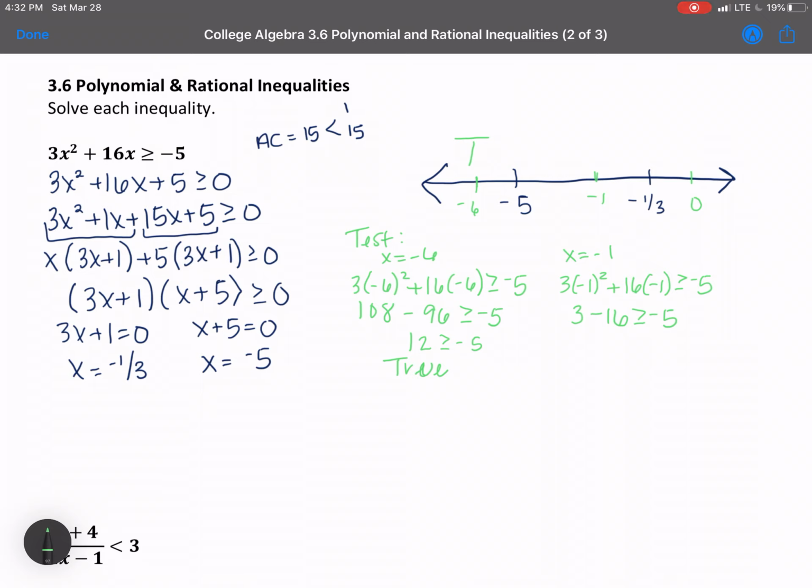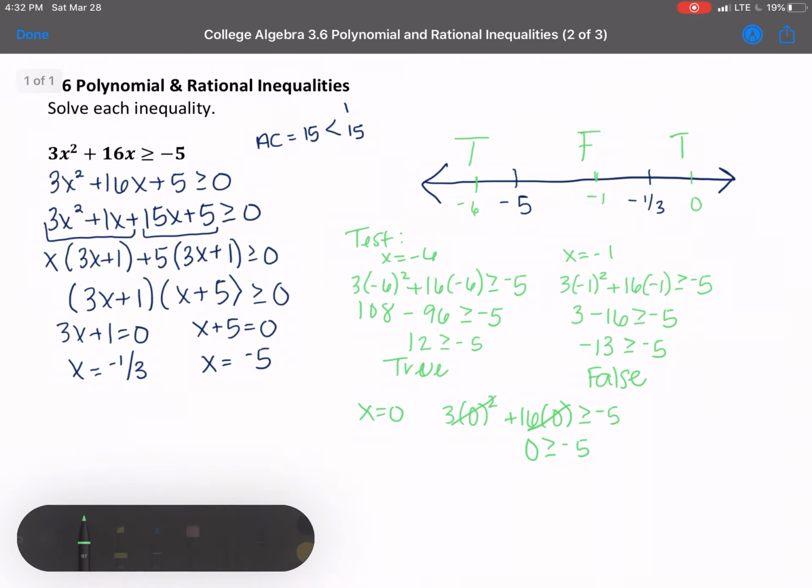And 3 minus 16 is -13, greater than or equal to -5, which is false. Then test x equals 0. We have 3 times 0 squared plus 16 times 0 is greater than or equal to -5. Since these all cancel, we're left with 0 is greater than or equal to -5, which is true.